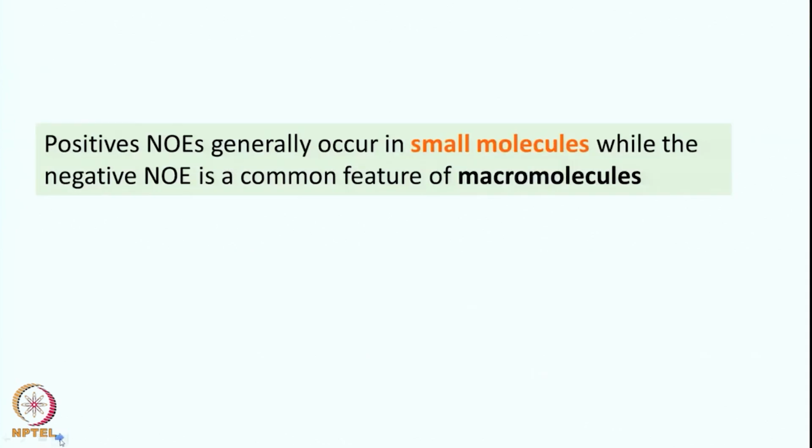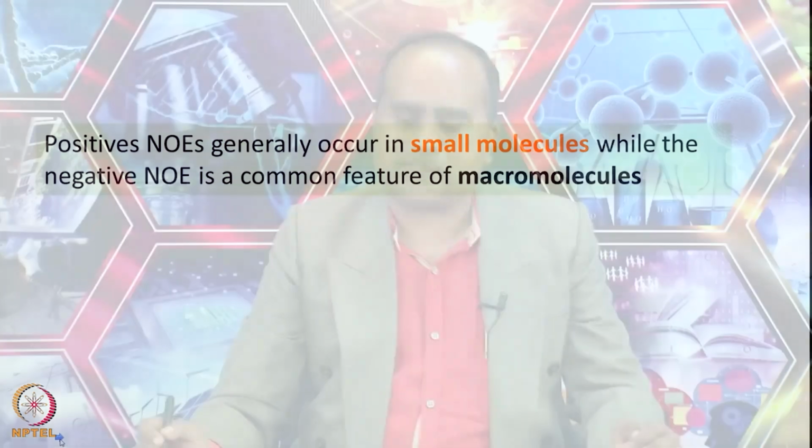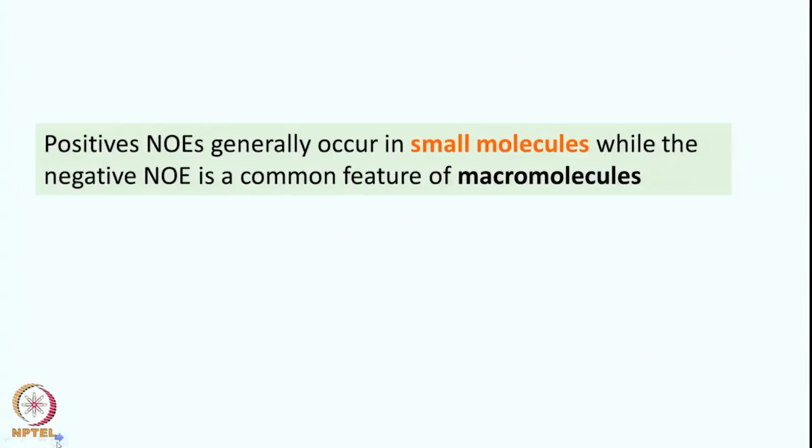Positive NOE generally occurs in small molecules, small organic molecules, whilst negative NOE is a common feature of macromolecules. Now, this is very interesting, and I will leave you with this thought: why do small molecules show positive NOE and macromolecules show negative NOE? On the basis of this, let us think a little about what is happening in a macromolecule and what is happening in a small molecule.